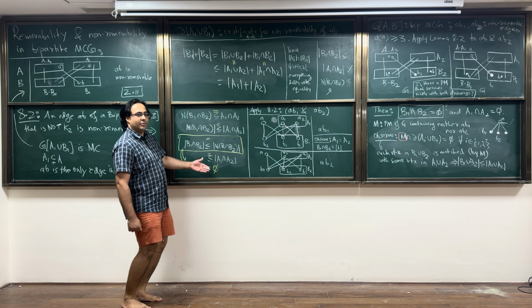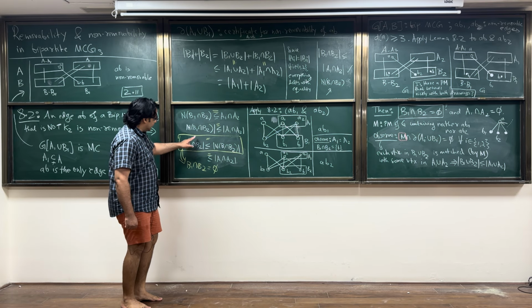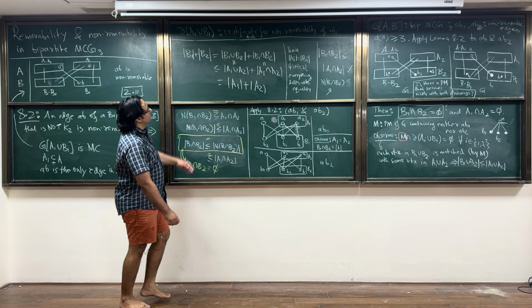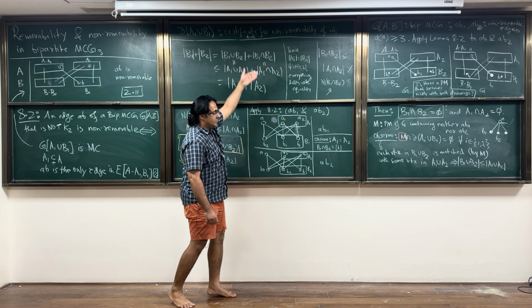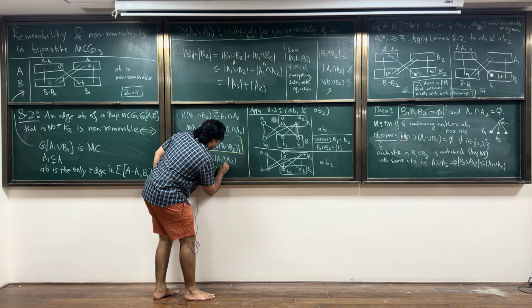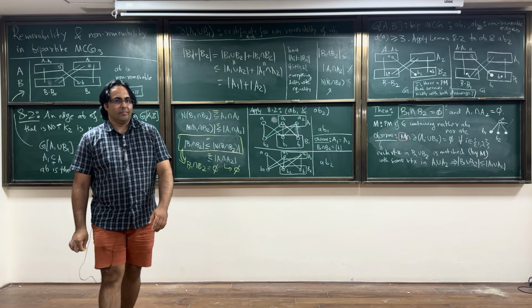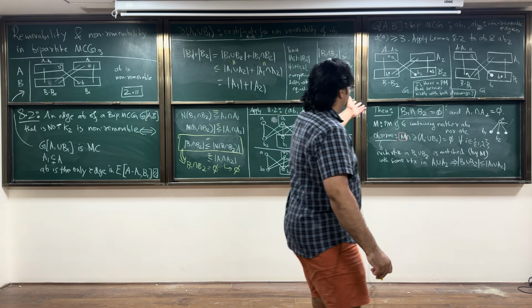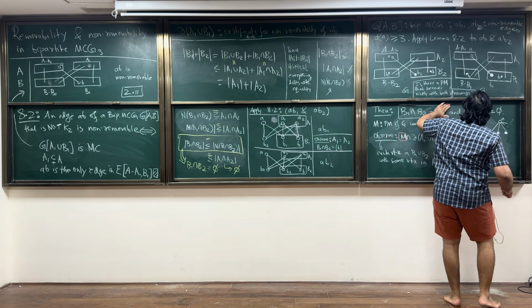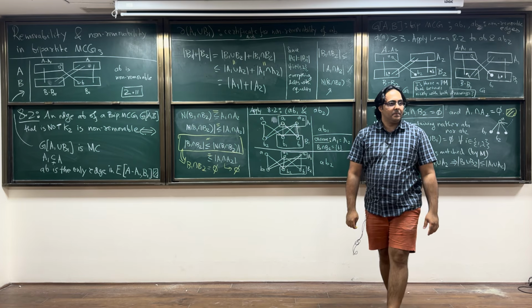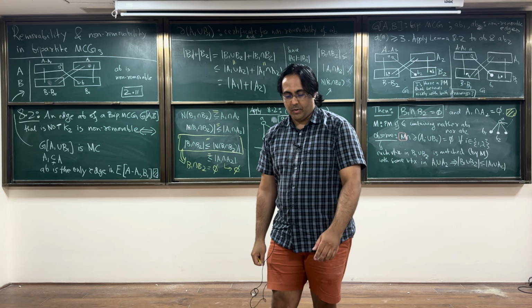Because we know that everything is holding with equality, now that we know this is empty, it follows that this fellow is also empty. This is what we wanted to prove. Okay? Fine?